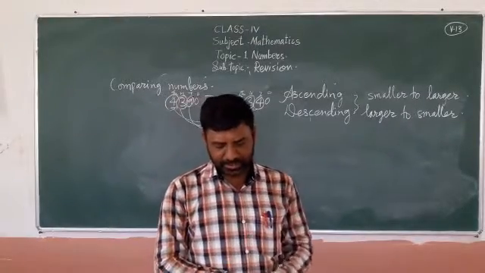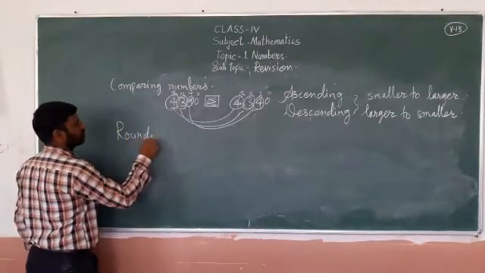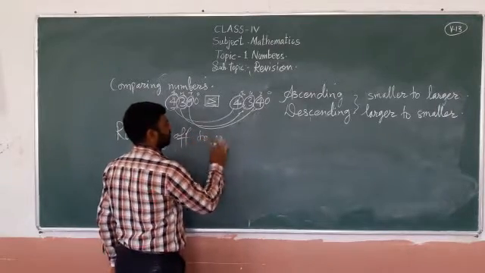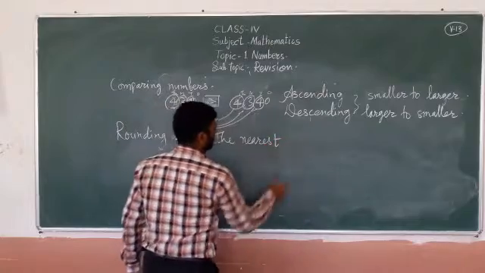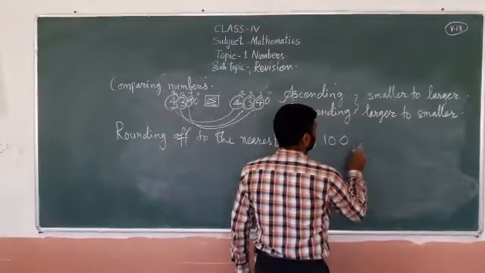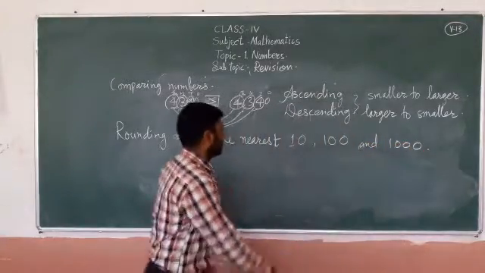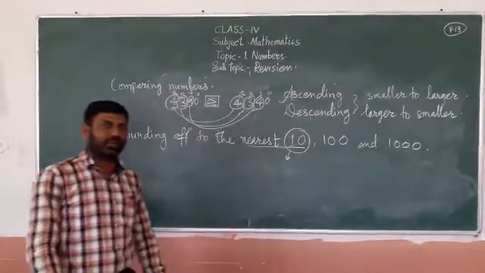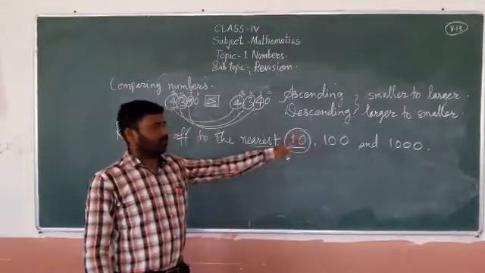Then we saw rounding off to the nearest 10, 100 and 1000. We saw the nearest 10 here. You have to focus on the tens and underline the tens place. Focus on the ones place.